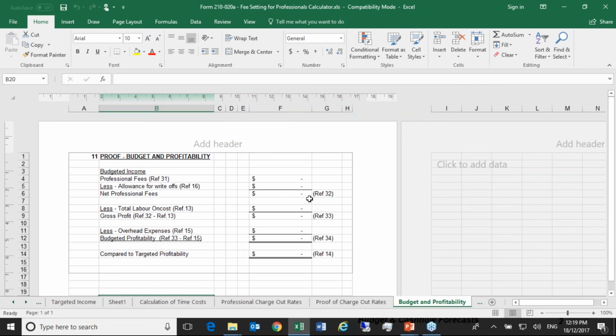The key factor, once again, will be business management will have to be monitoring what the actual charge out hours are being achieved weekly and monthly to see whether there needs to be any fine-tuning to the labour productivity targets. And if there is, obviously that's going to be fine-tuning of the charge-out rates. There needs to be a monitoring of the overhead expenses to see whether there needs to be any changes made there.